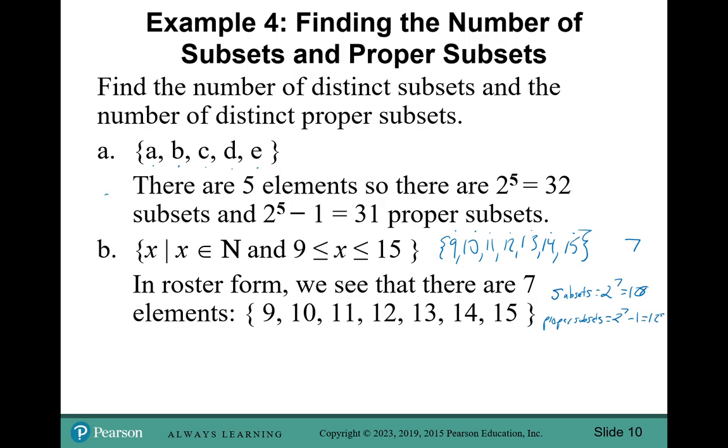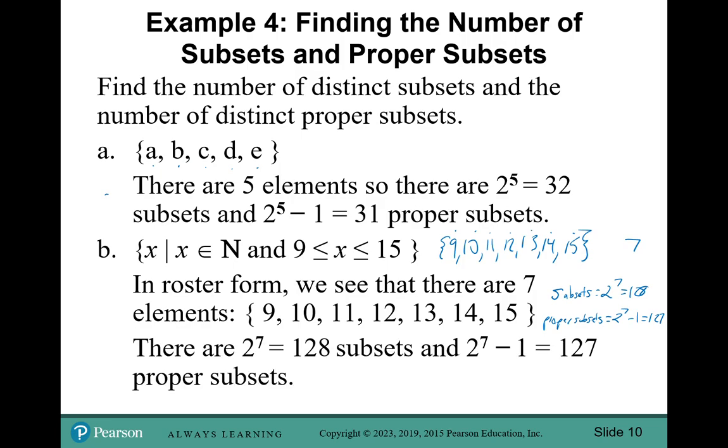That's going to be 127, because 128 minus 1 is 127. So by knowing the number of elements in a set and knowing the formula for the number of subsets and proper subsets, we can make a problem that would have been very hard to list very simple.